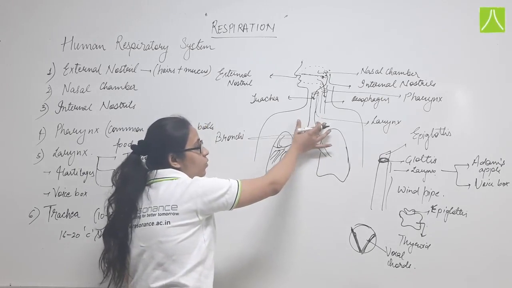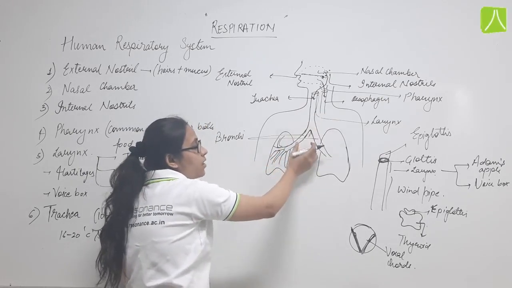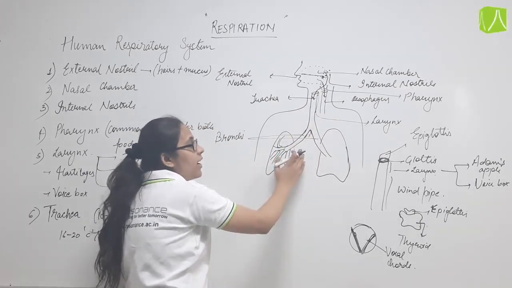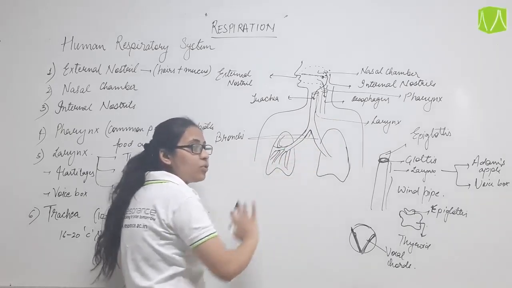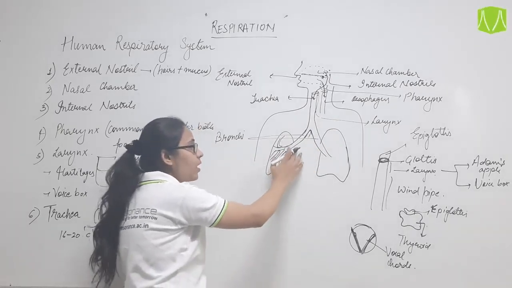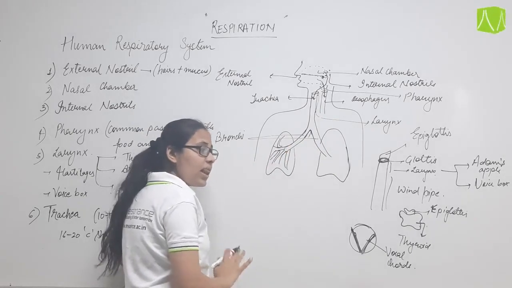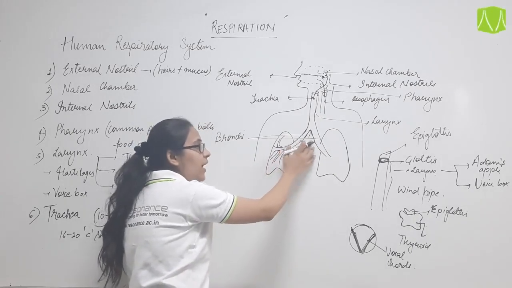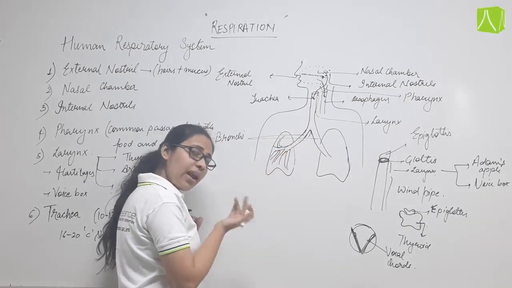This trachea, first you listen to this. This trachea divides into two tubes, and these tubes enter the two individual lungs, the right lung as well as the left lung. These are the bronchi, right bronchus and left bronchus.